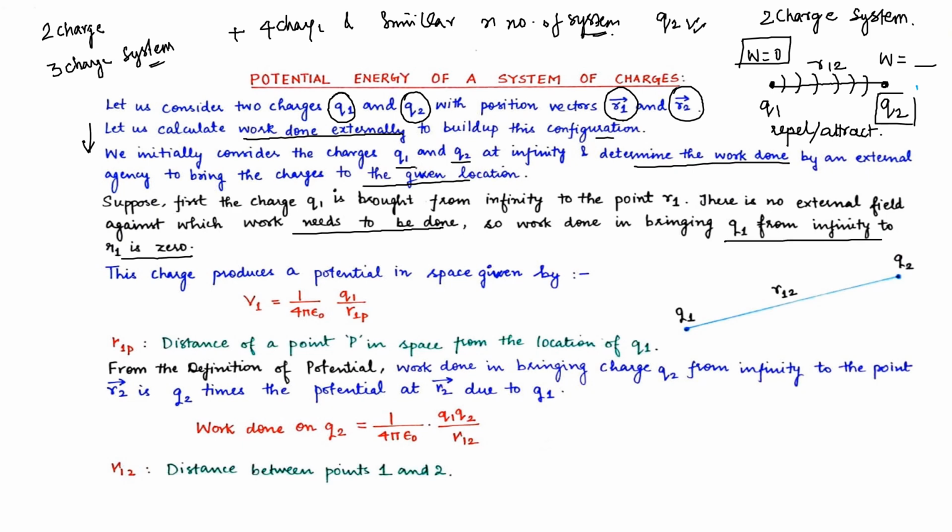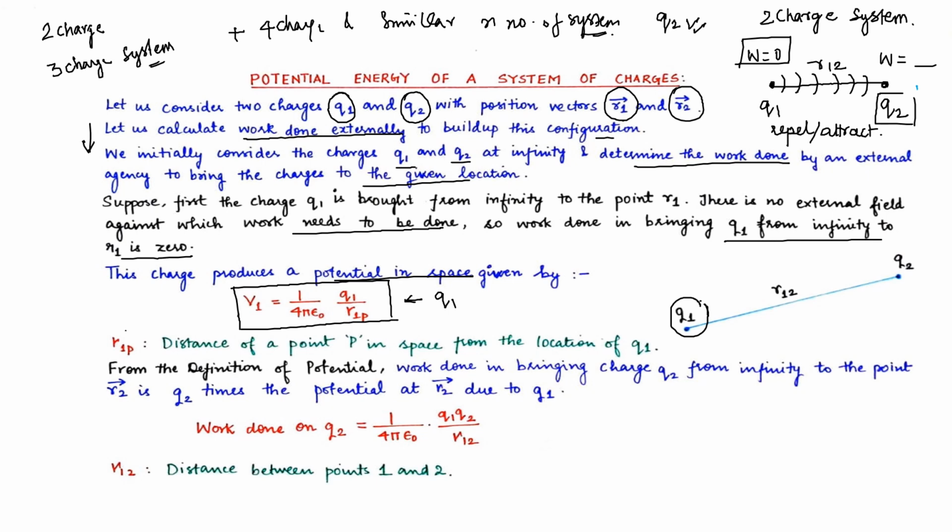This charge produces a potential in the space given by V1 equals 1 by 4 pi epsilon naught times Q1 by R1P. So this is the potential produced by charge Q1 in the space where this charge Q1 is brought from infinity.